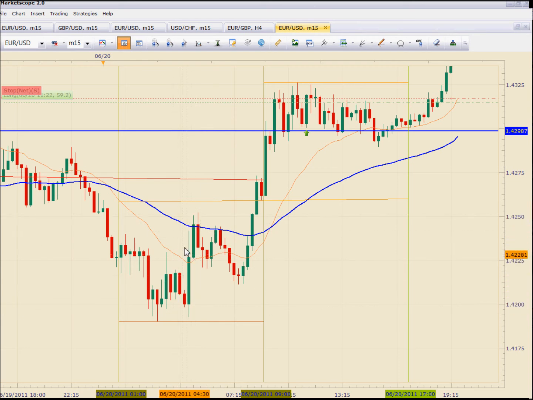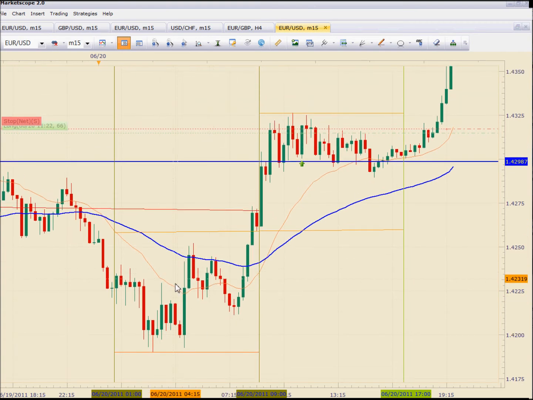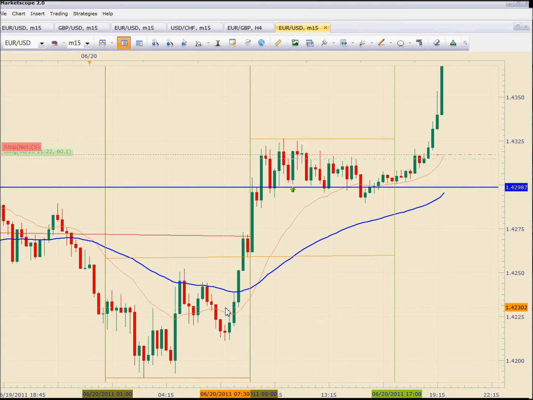this action right here tells me that there are bulls in the market. There are buyers, a lot of buyers interested in buying this pair from this level. So then they push up the market.